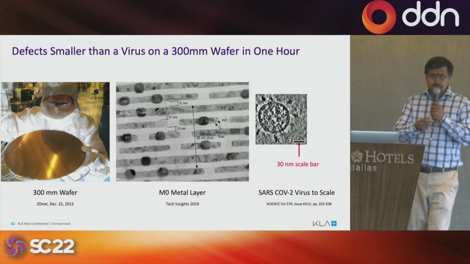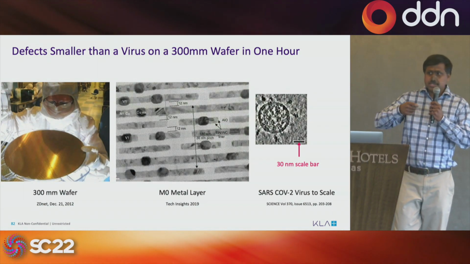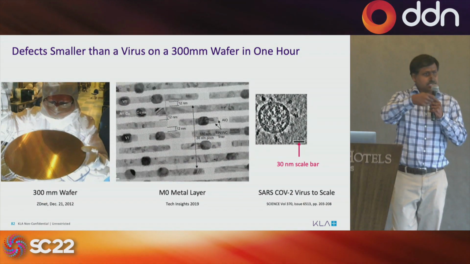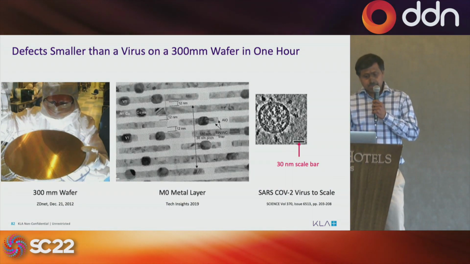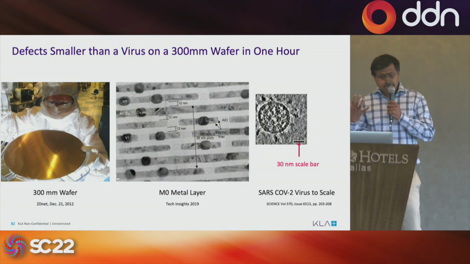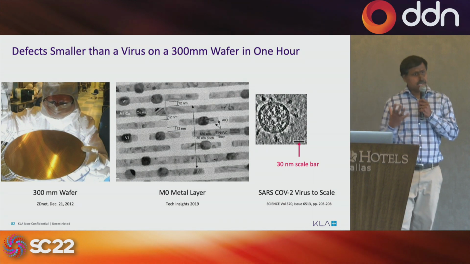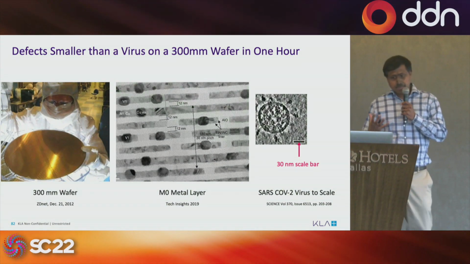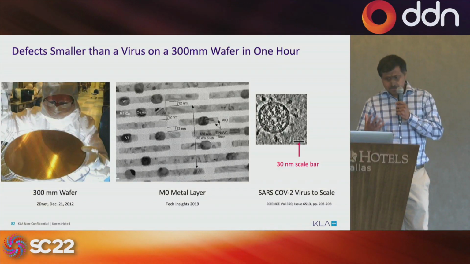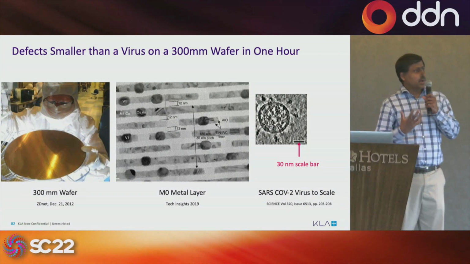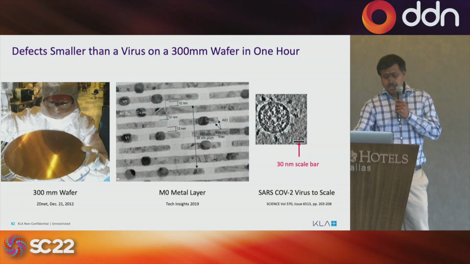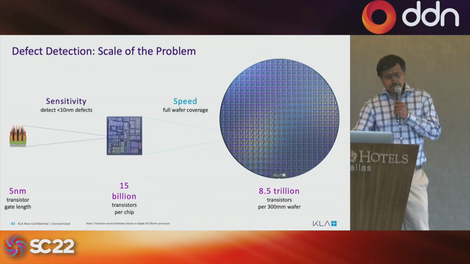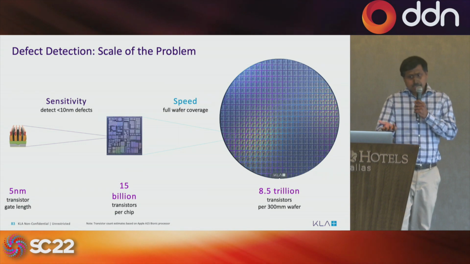If during the etch process a residue is left behind, then that residue that we are trying to look for is at this scale, smaller than a virus molecule. In a standard wafer, which is 300 millimeters in dimension, we have to verify that in 1 hour and give them all the defects that are available in that wafer.